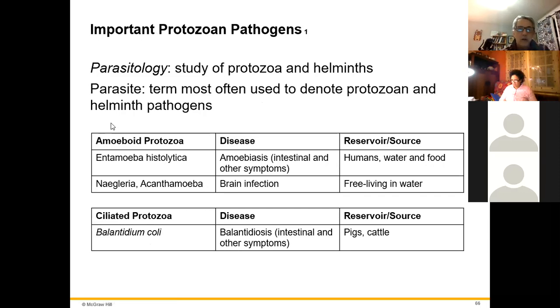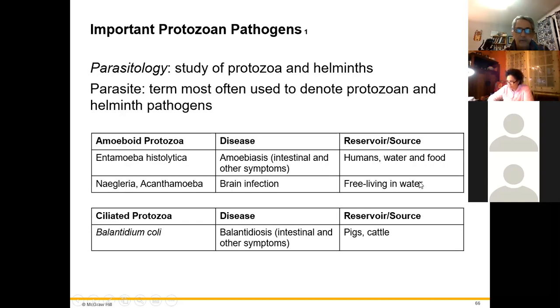So in parasitology, some important protist parasites: Entamoeba histolytica is an intestinal parasite. Its reservoir is humans, water, and food. Naegleria and, I'm probably not going to say this right, Acanthamoeba, can cause brain infections.